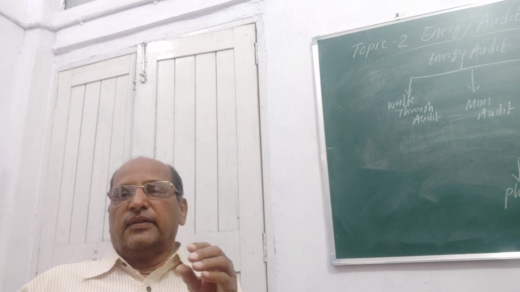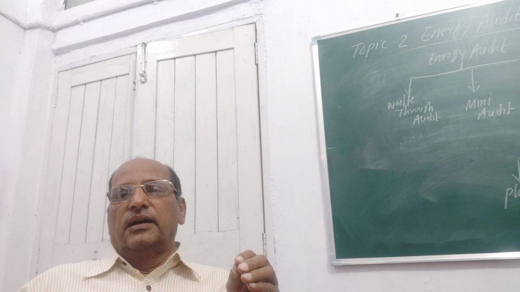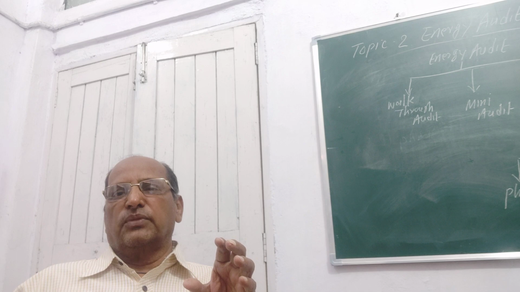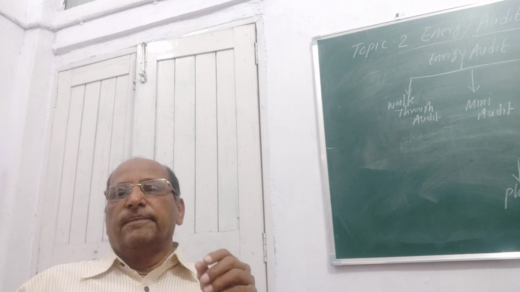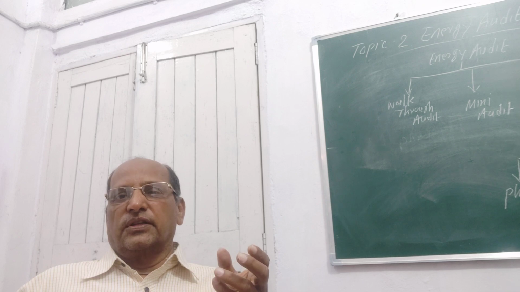So for material balance, as I have told you, we decide which type of process you are using for manufacturing, and for that, which type of material is required, what their quantity is, and what their quality is. According to that you arrange those materials, and accordingly the process has to be changed for manufacturing.